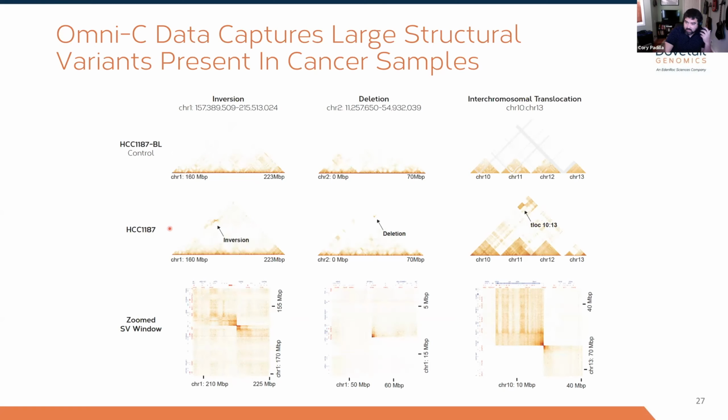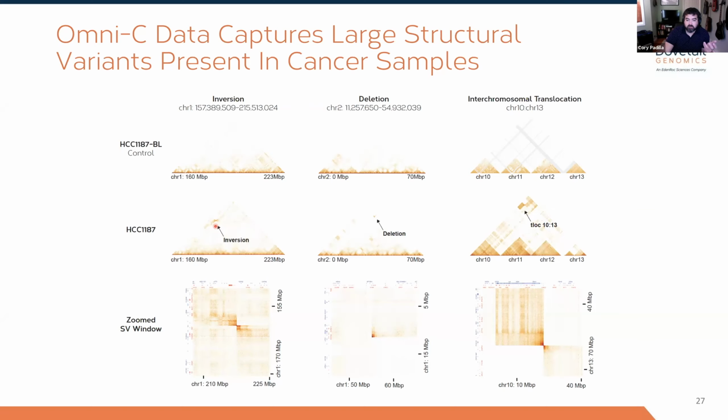Here we're looking at that contact matrix where at any given point you say, okay, here is the interaction frequency between any two given regions of the genome. And here we're pointing out a known inversion in the data, and we can say, yes, here are regions of the genome that are interacting, and that signal is way far off the axis. So that's not normal.